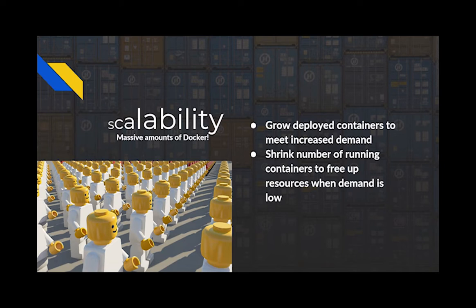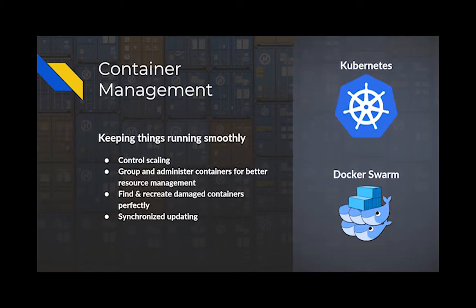You can shrink and grow very easily because containers themselves are meant to be easily replicated and easily destroyed. So I mentioned this, container management systems. A container is pretty great as a solution, but it's granular, and so you're dealing with a bunch of these little things, these bits of functionality.